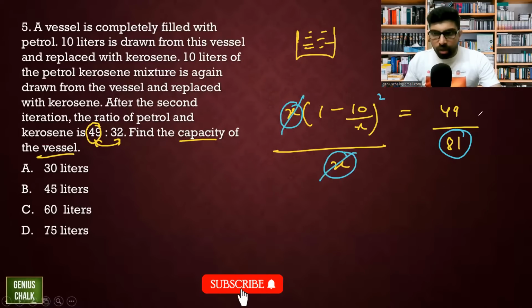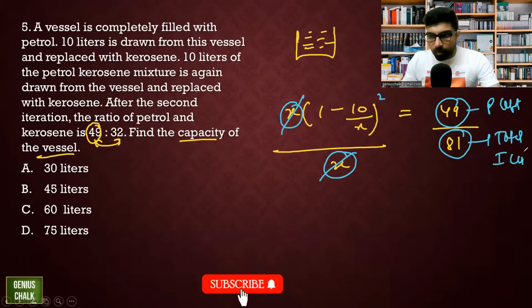So now divided by the total, this is the amount of petrol left and this is the total quantity of initial liquid, or initial petrol. So it is (1 minus 10 by x) whole square equals 49 by 81.